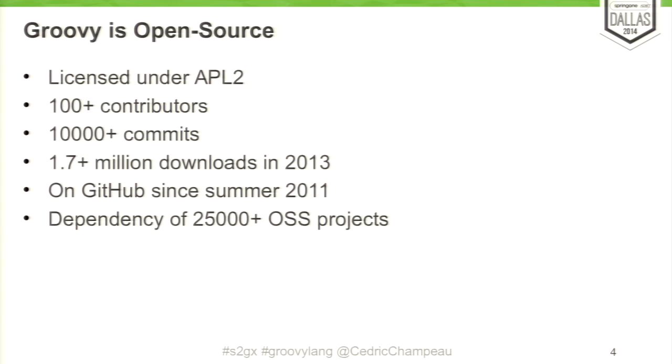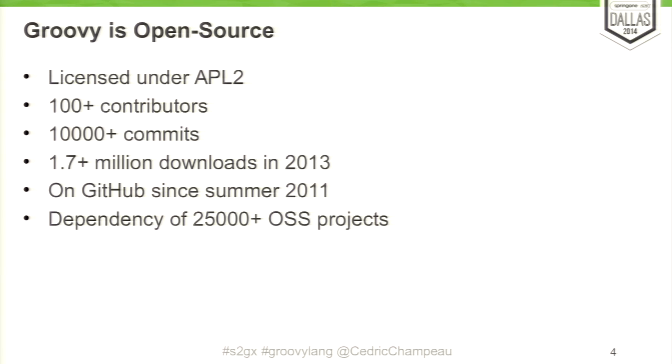And speaking about Groovy, Groovy is an open source project. You can participate in the roadmap if you have features that you want us to integrate, if you have features that you already have implemented in your company and that you think would be good to have in Groovy, we're very open. All the project is on GitHub, it's Apache license.